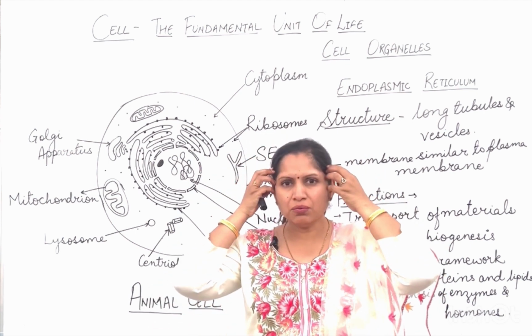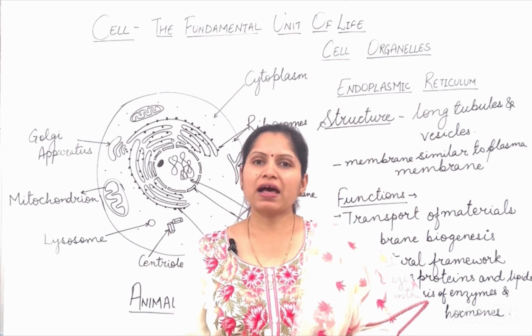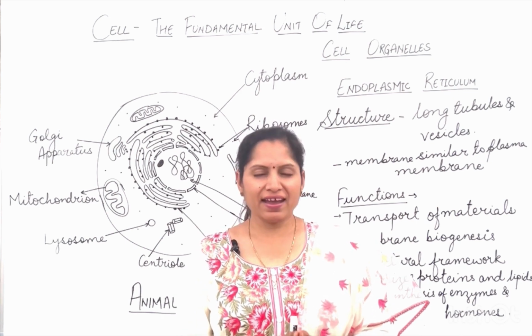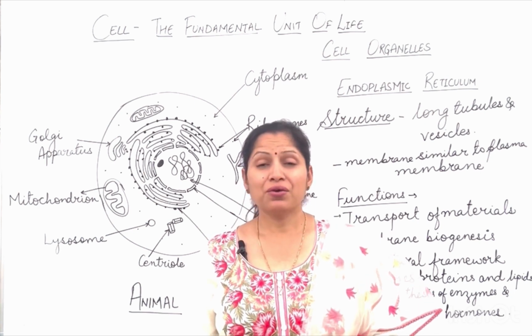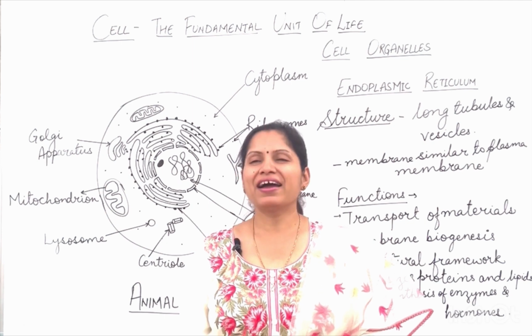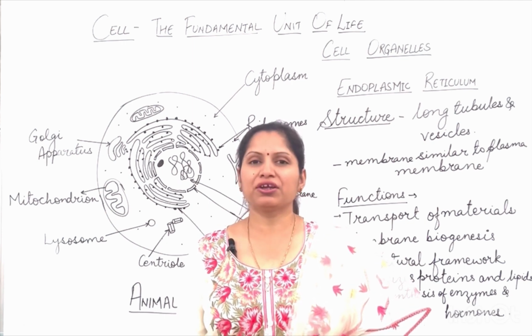Do you all remember, while teaching plasma membrane, I told you all that plasma membrane is made up of proteins and lipids. And I asked you all to remember that. From where these proteins and lipids are coming, I hope now you are able to guess that. That is from the endoplasmic reticulum.